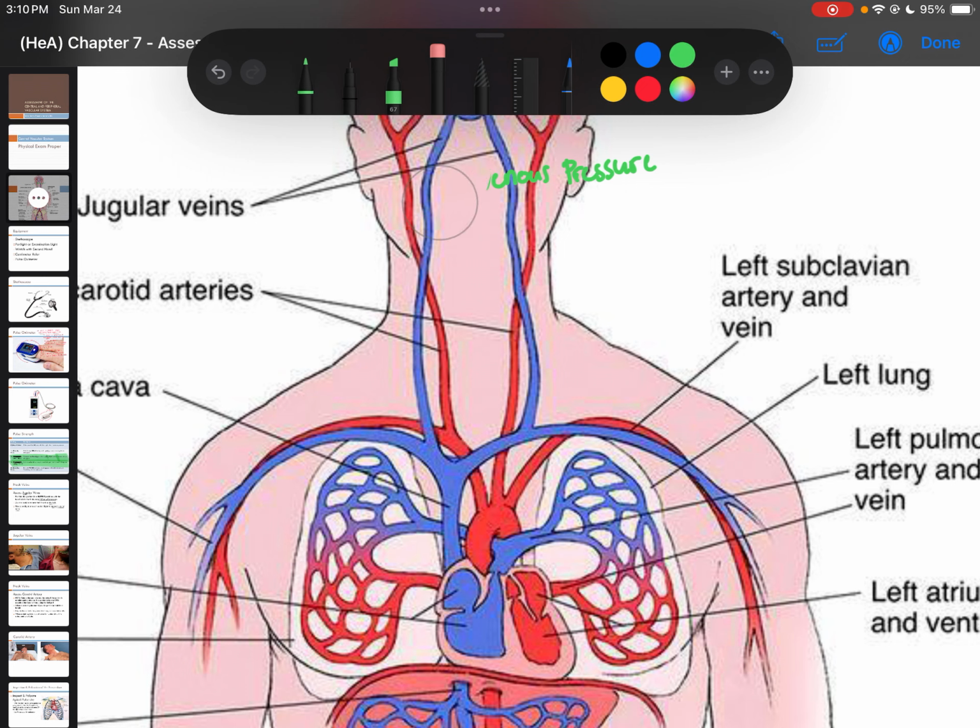Now, sir, what if it is pulmonary embolism? Very simple. It is the same principle. In pulmonary embolism, let's say the embolus or the thrombus is lodged here. So blood cannot easily pass through. It will have difficulty passing through.